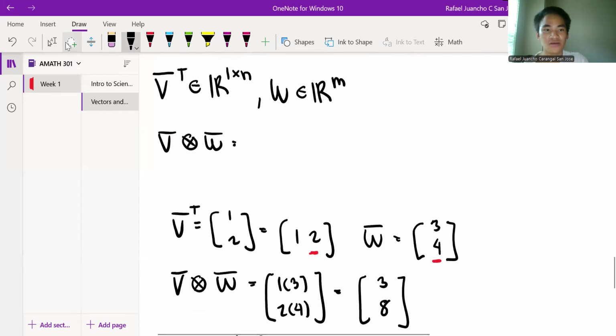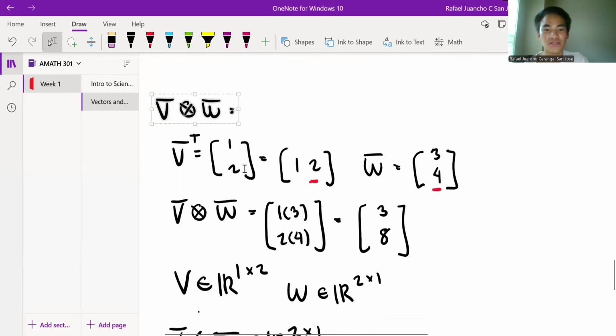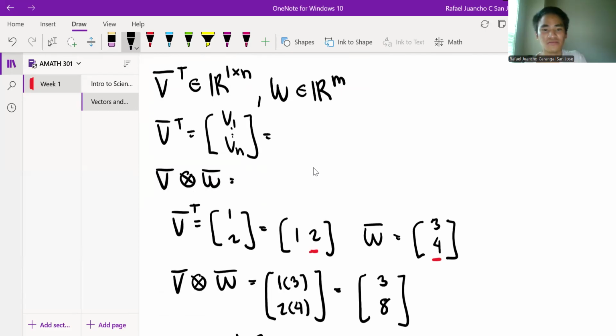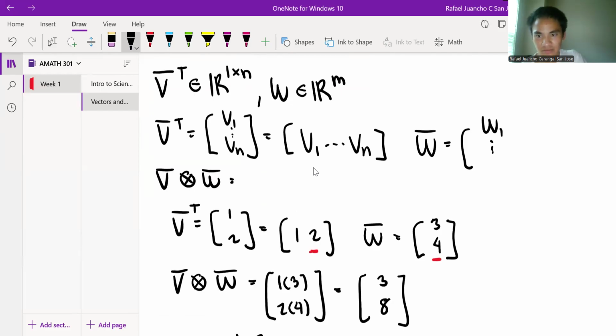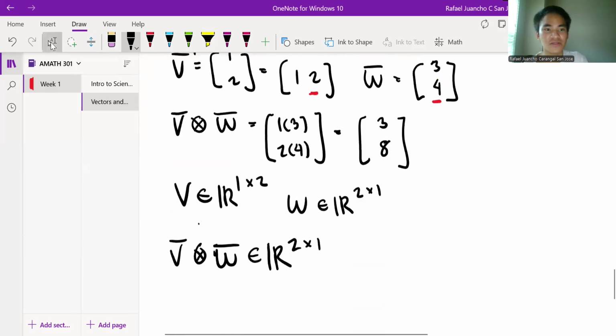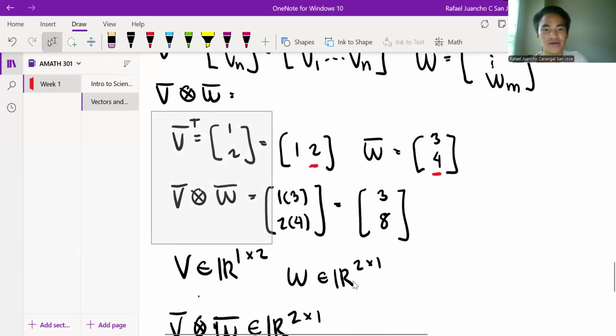So we want to try to look exactly at how this works. Okay. I'll do this after. I'm going to visualize what this actually looks like. If we transpose V1 all the way to Vn, that's going to be a row vector. And if we let W as is, it's going to be a column vector, with m entries. Right?